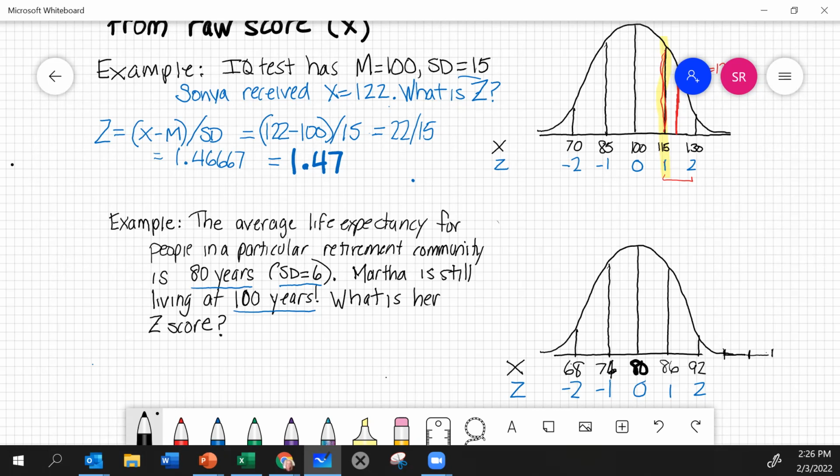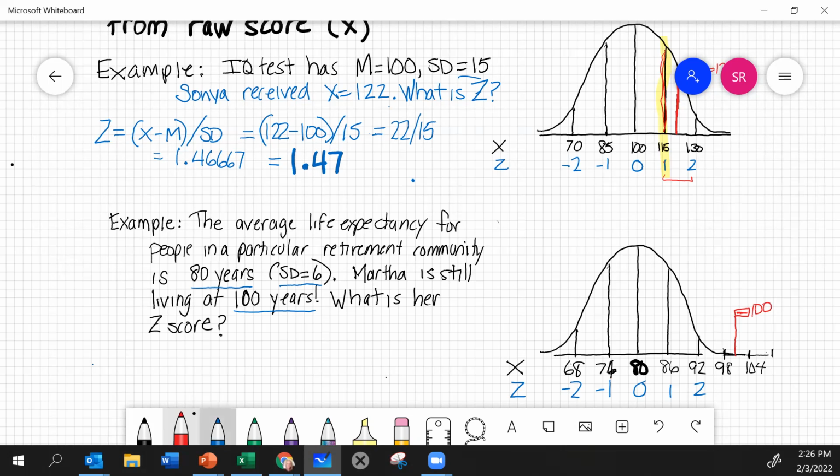And we will put 92 plus the standard deviation 6 equals 98, plus the standard deviation 6 equals 104. And Martha's score of 100 years is going to fall in the middle here somewhere. So let's put a flag for her and let's mark her at 100.